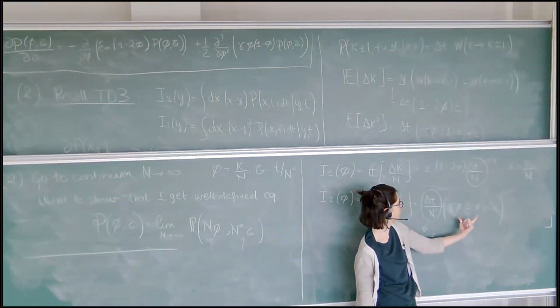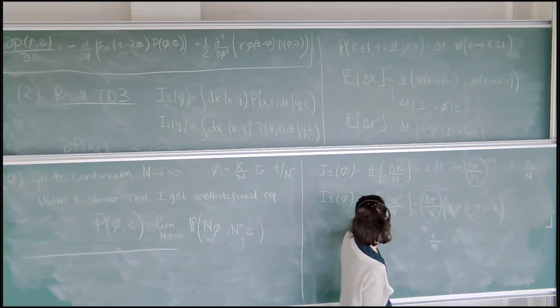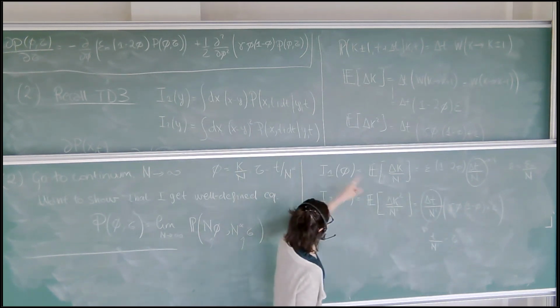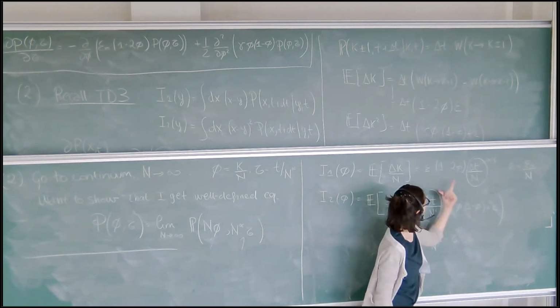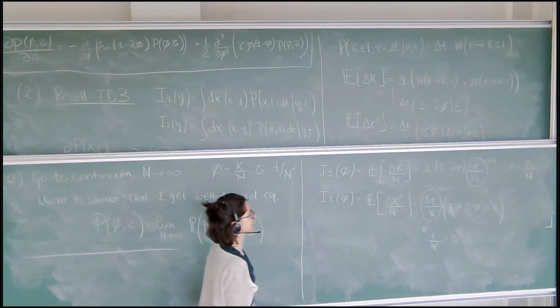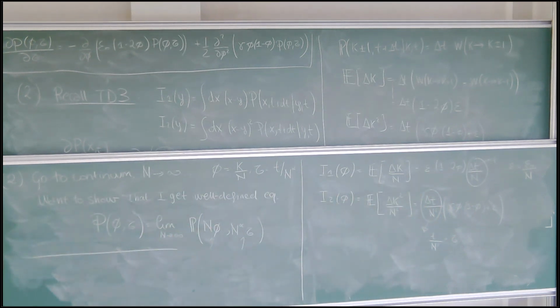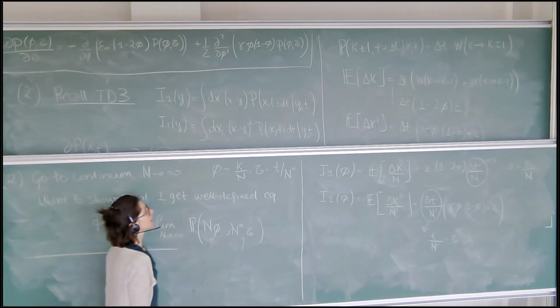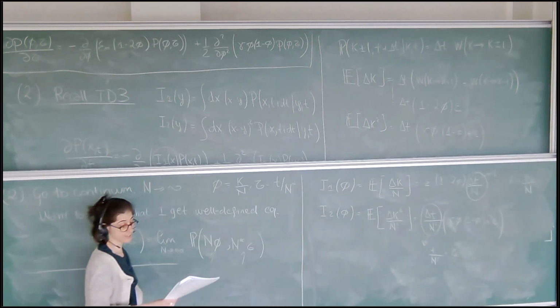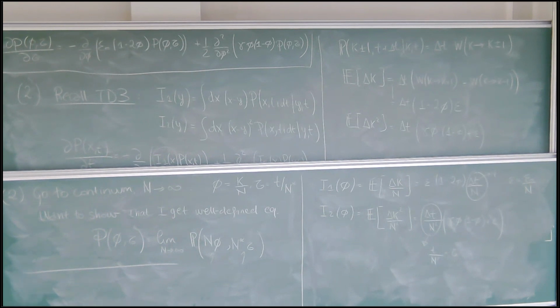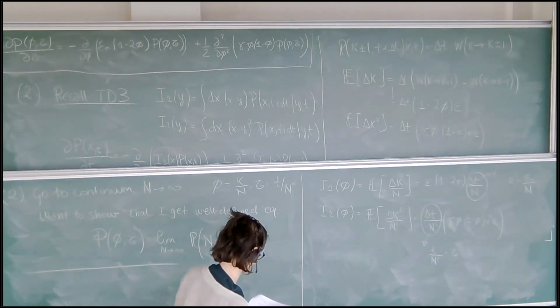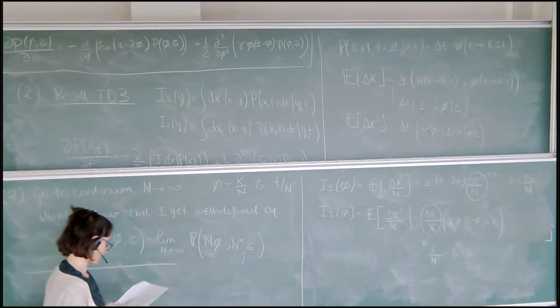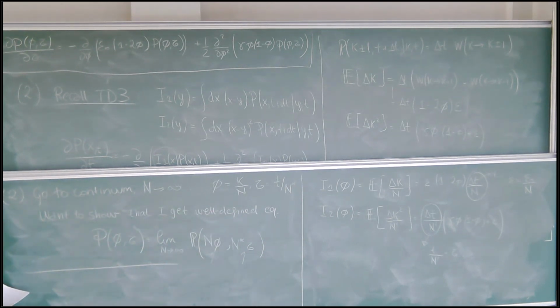So your drift will only contain this term, which is what you see in the Fokker-Planck equation up there. Sorry, your diffusion and your drift will contain epsilon 0 times (1 minus 2 phi), which is what you see up there. So this is a way that is a little bit shorter to avoid doing the lengthy expansion, or at least to justify why your Fokker-Planck equation takes that form.